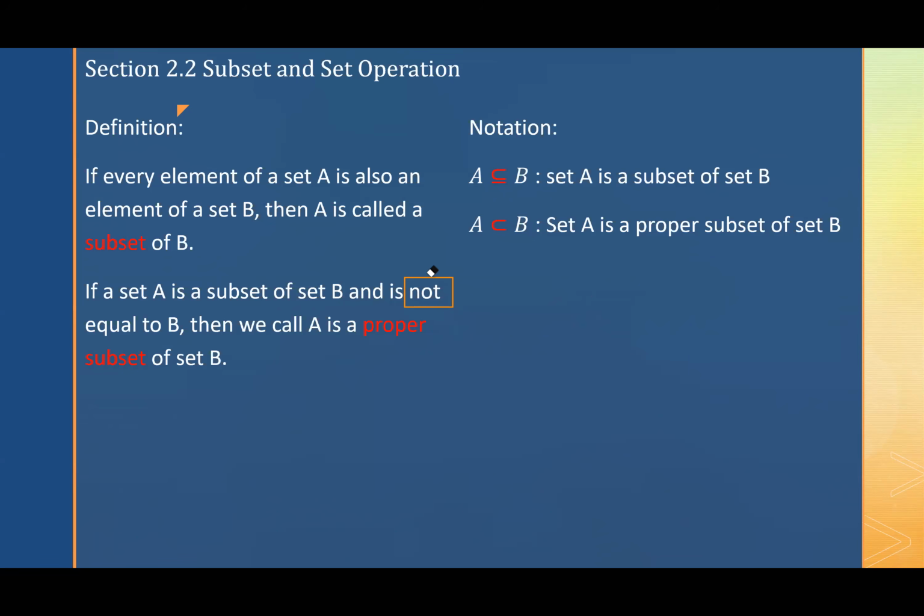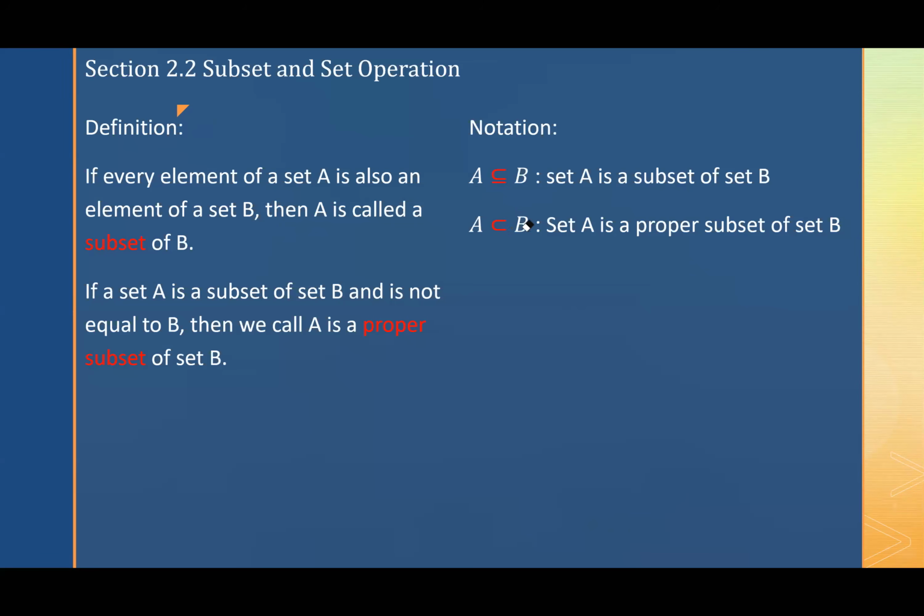If they are not equal and they are subsets, then we call it a proper subset. We just have a specific name for it. The other thing I want to point out is that if a set is a proper subset, then it is also a subset, meaning it is both. Just like before, if two sets are equal, they will be equivalent.